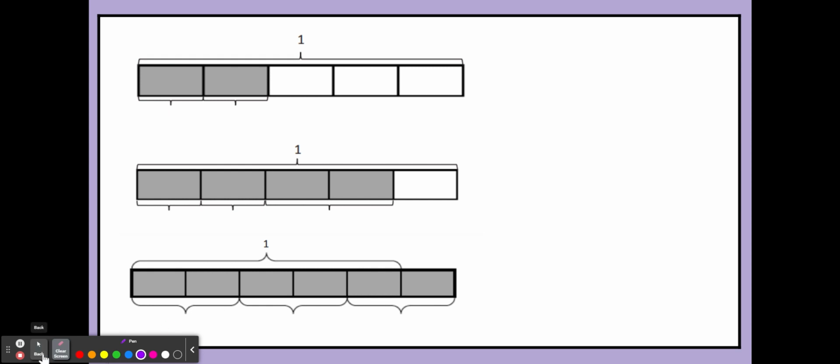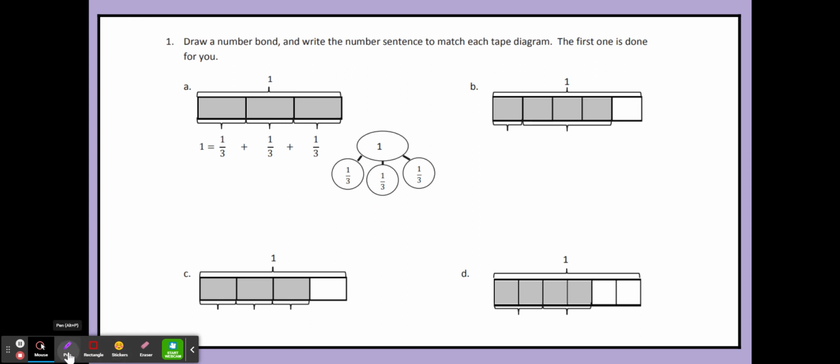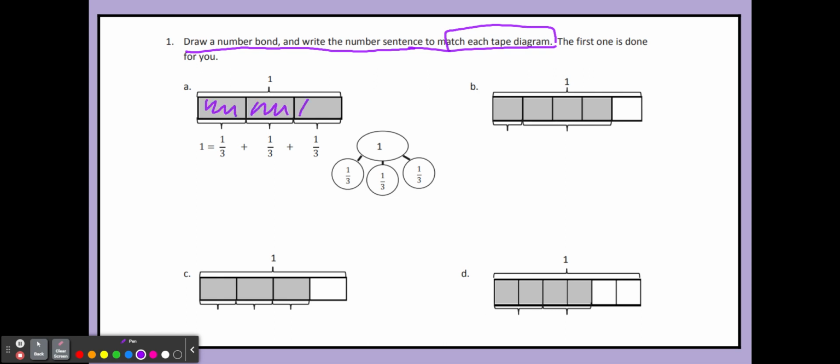Okay, next page in the problem set. Okay, so it says draw a number bond and write the number sentence to match each tape diagram. This is the first one, so it's got everything filled in. The bracket says it's equal to 1, each part is separate.